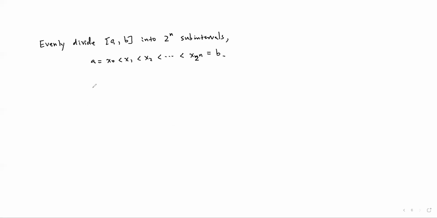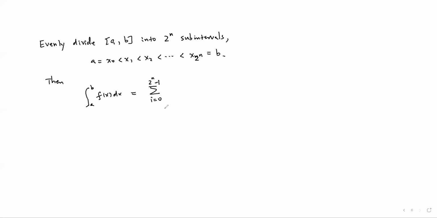Then the integral from a to b can be written as a sum over i from 0 to 2^n minus 1, the number of partition points minus 1.